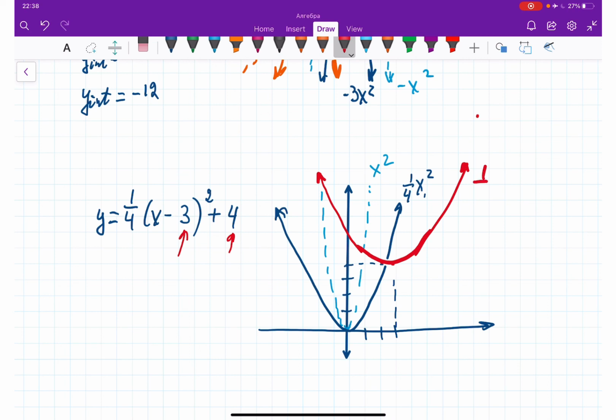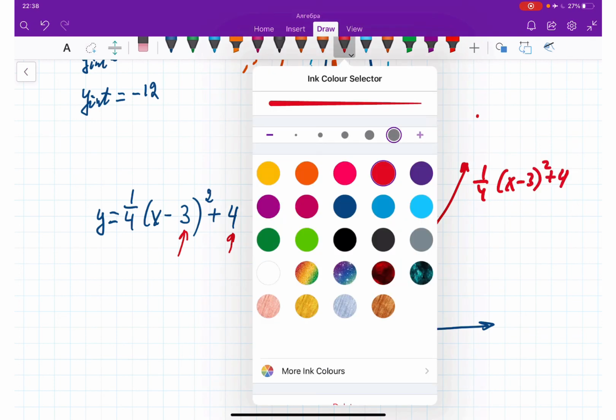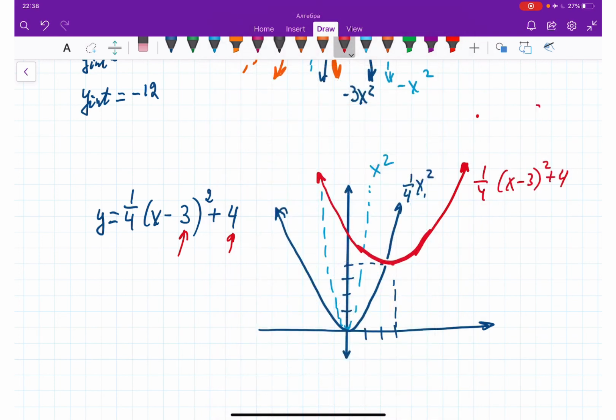This is 1/4 (x minus 3) squared plus 4. Okay, it's too thick, so let me fix it. All right, and our vertex obviously is going to be a minimum, right? What is going to be the vertex? 3 and 4. Here is 3, this is 4.